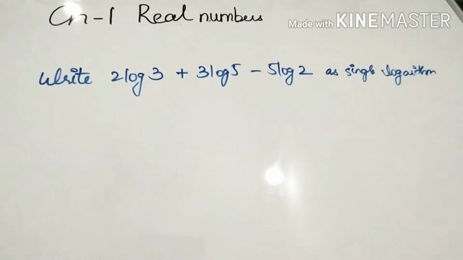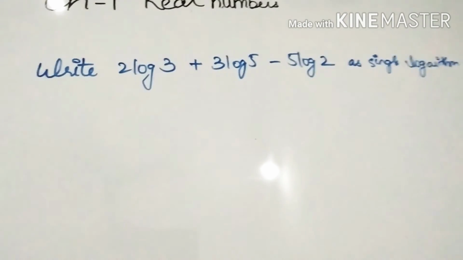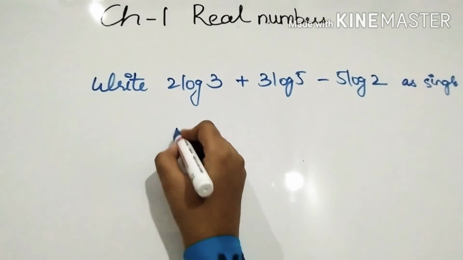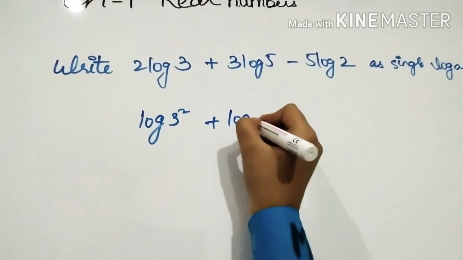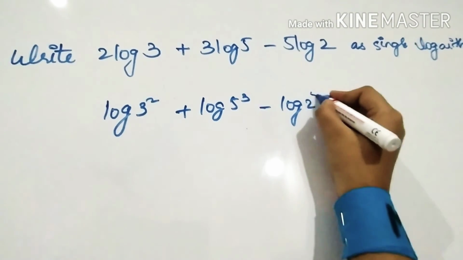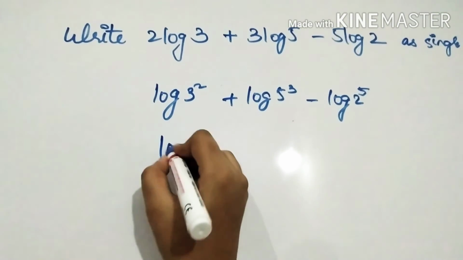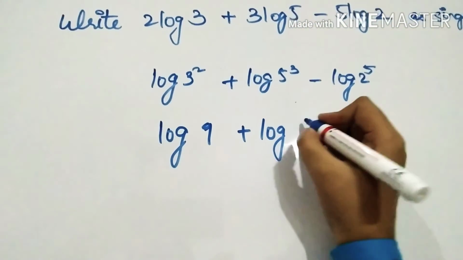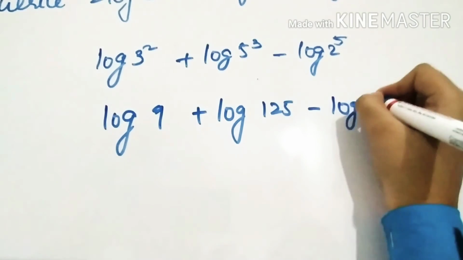Express 2 log 3 plus 3 log 5 minus 5 log 2 as a single logarithm. So let's start. We can write 2 log 3 as log 3 squared, plus 3 log 5 as log 5 cubed, minus log 2 to the power of 5. So log 3 squared becomes log 9 and log 5 cubed becomes log 125, minus log 32.